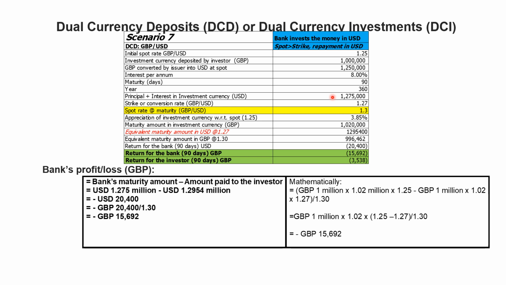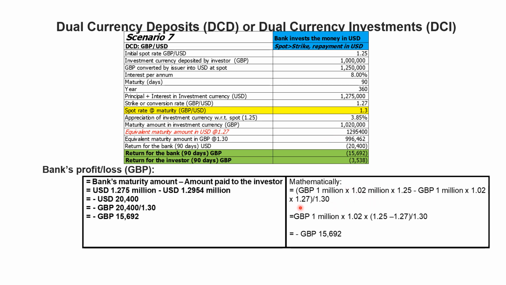The bank decides to repay the investor the maturity amount of GBP 1.02 million in US dollars. As we know, the equivalent USD amount is to be calculated at the strike rate of 1.27. And the amount works out to be USD 1.2954 million, which is GBP 1.02 million into 1.27.